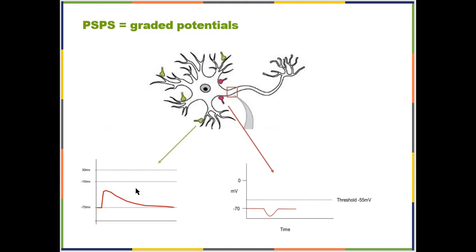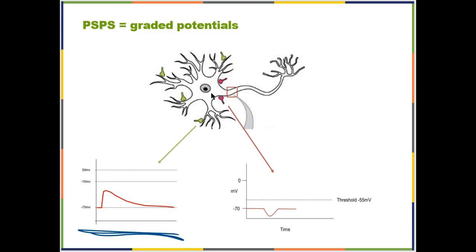So you might remember that your regular interneurons in your brain have these postsynaptic potentials, which are examples of graded potentials. That means they're not all the same. In this case, this green neuron is dumping neurotransmitter on our central neuron, and that is causing depolarization that we see in that graph.